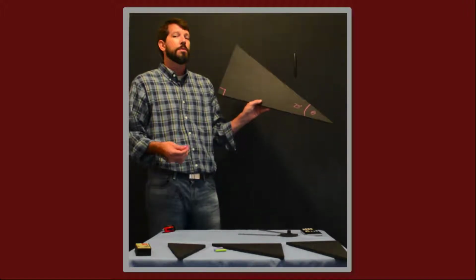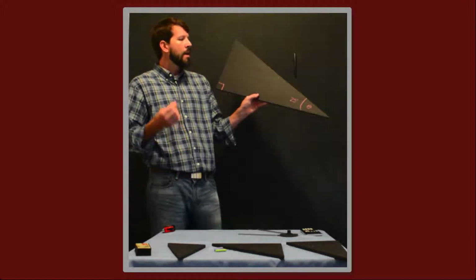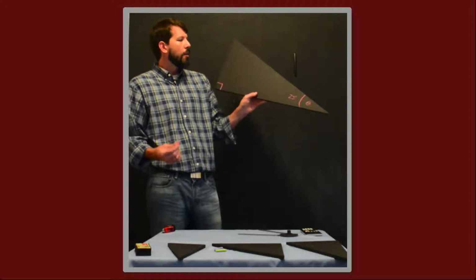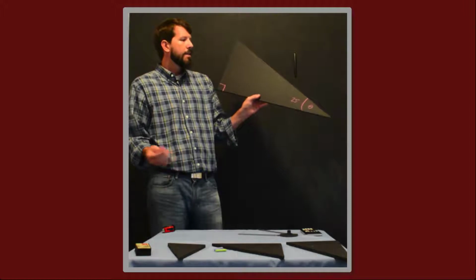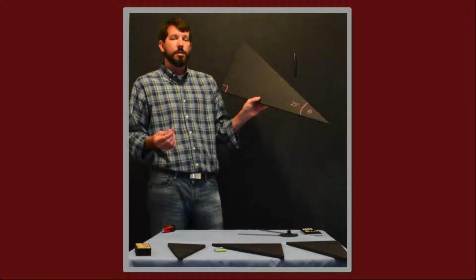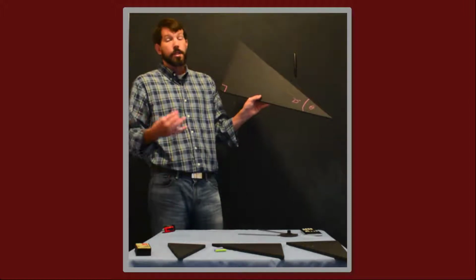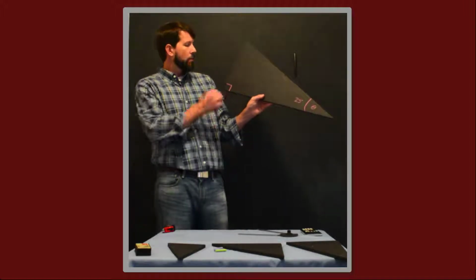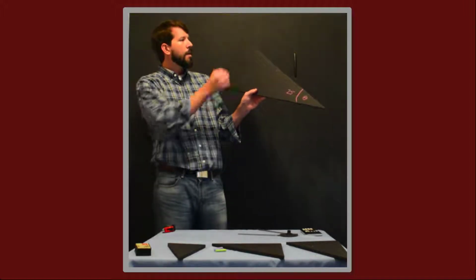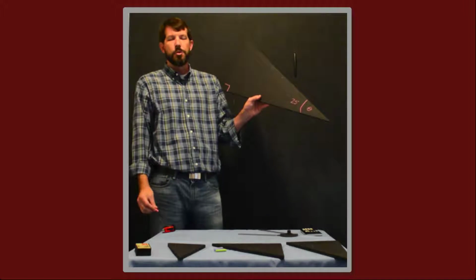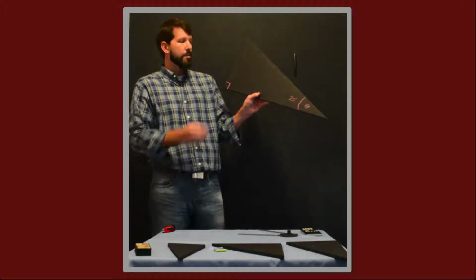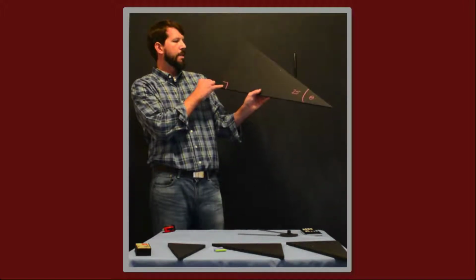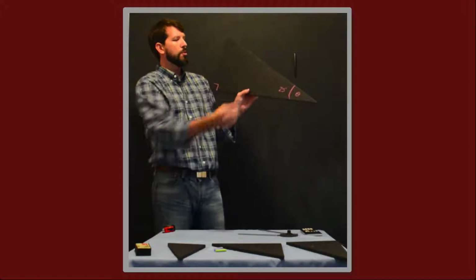So one of these angles is going to have to be 90 degrees. The remaining angles, what's interesting is that they have to add up to 180 degrees total. And that's the property of all triangles. If one of those is 90, the remaining 2 have to add up to the leftover 90. Because if I have 180 total, this makes up 90. That leaves 90 between the 2 of these.